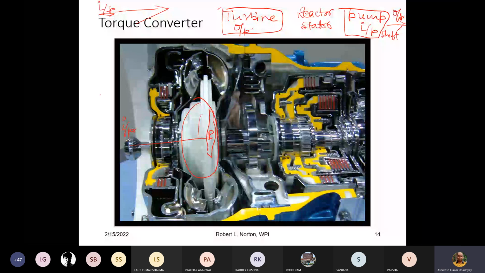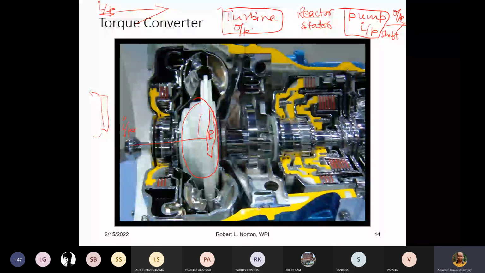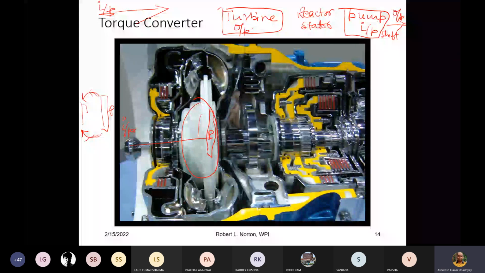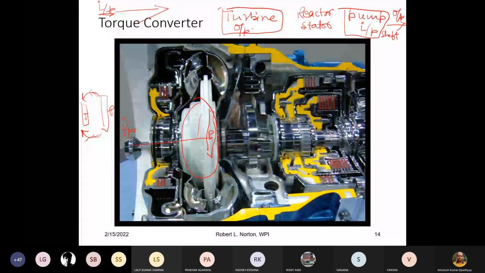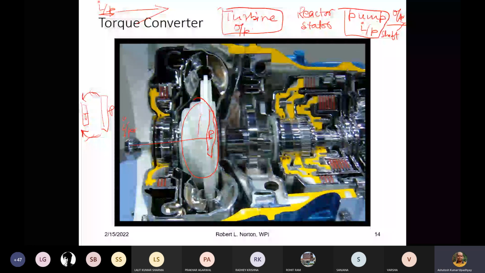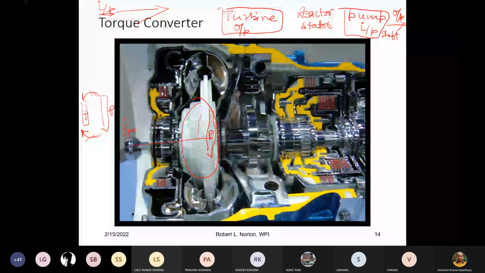From the circumferential part, the fluid will be pumped to the turbine. This is a high energy fluid from the pump, so it will create a rotation in the turbine.